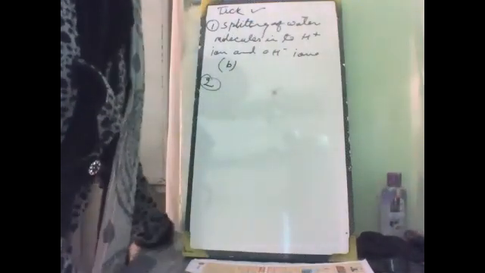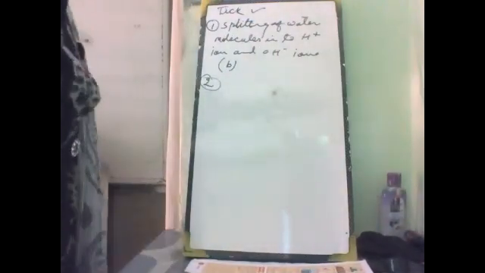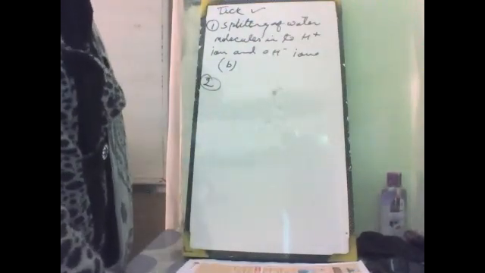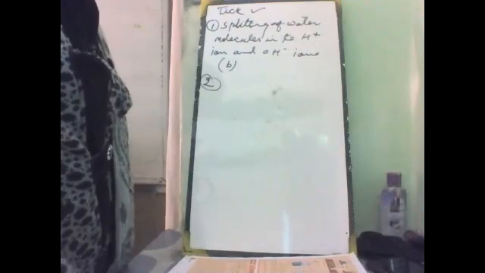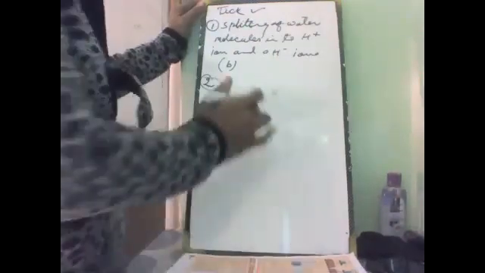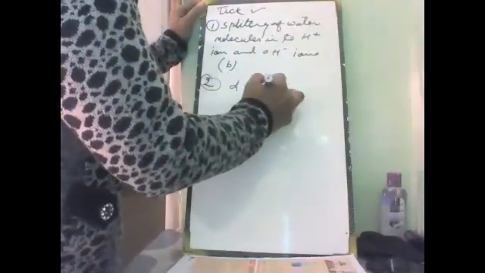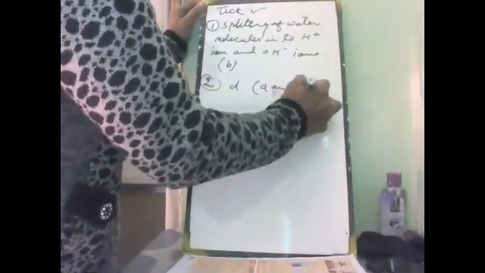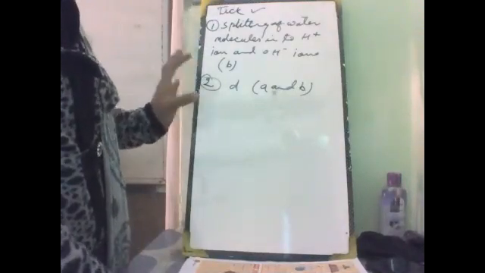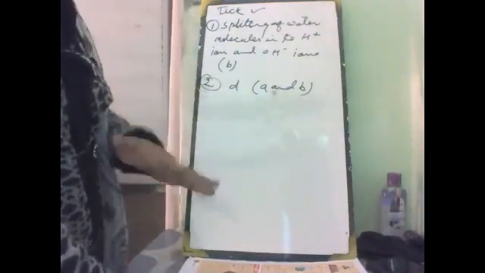What is or are the end products of photosynthesis? Is it glucose, oxygen, starch, or both A and B? The answer is D. A and B. It means photosynthesis produces glucose and oxygen.